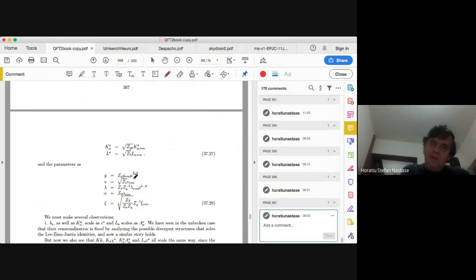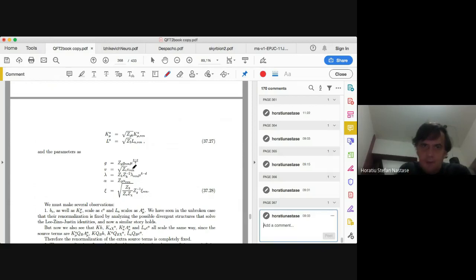Then the renormalization of the parameters: the g is renormalized with Z_g, and this also gains a dimension, which has to be compensated by this dimensional transmutation scale μ to the power of (4 minus d) over 2.